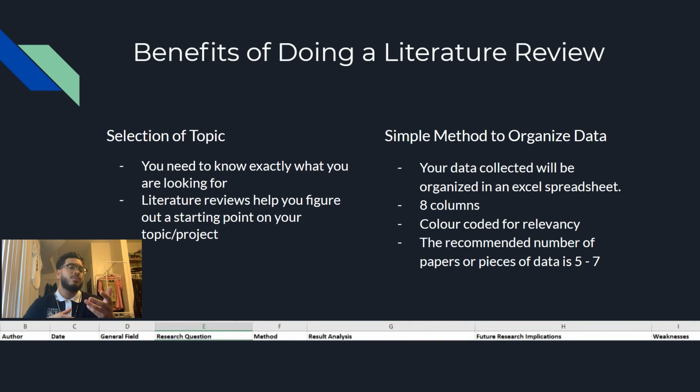You can see the columns here are titled author, date, general field, which is interchangeable based on your topic at hand, research question, method, result analysis, future research implications, and weaknesses. The recommended number of pieces of data to collect, or papers to put into this literature review, is about 5 to 7, although you can have more.